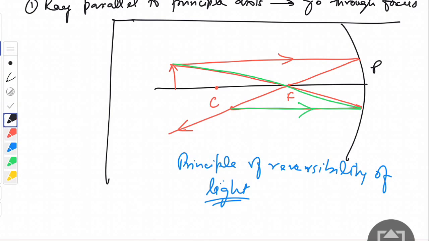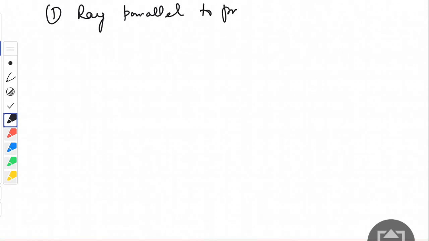So now I can write for you. First is, ray parallel to principal axis will go through focus. Second, I will write. In fact, what I'll do is I will write all of them on this one page so you can see them here. One, ray parallel to principal axis, right?